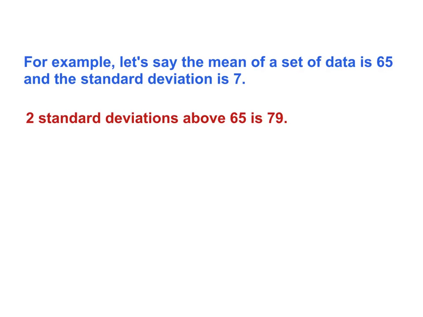The reason that's true is since 1 standard deviation is 7, 2 standard deviations is 14. So I'm moving away from the mean. 1 standard deviation is 7 away from the mean in either direction. I could be 1 positive standard deviation away from 65. I could be 1 negative standard deviation away.